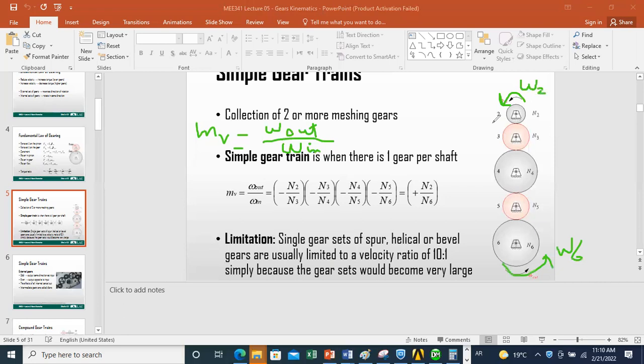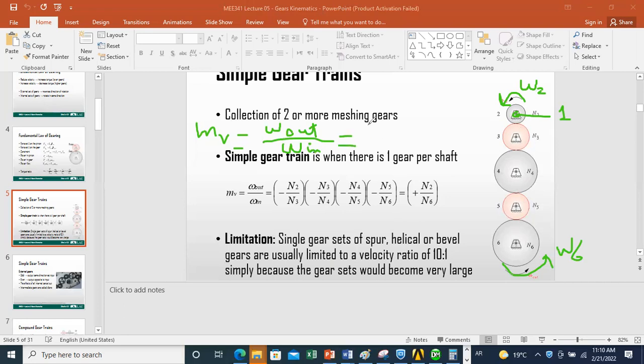Now, why do we start counting from 2? Because here we are counting links, and the ground constitutes link number 1. Okay, so we have 2, 3, 4, 5, 6, and then we have 5 gears in contact with each other. Now, in order to develop a general relation for the gear ratio, let us first decompose it.